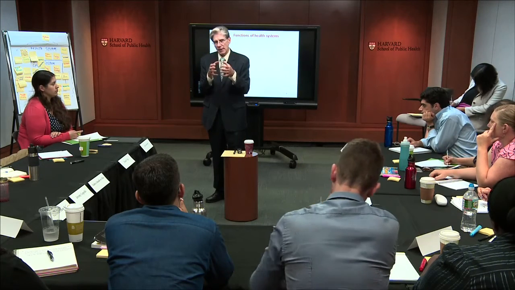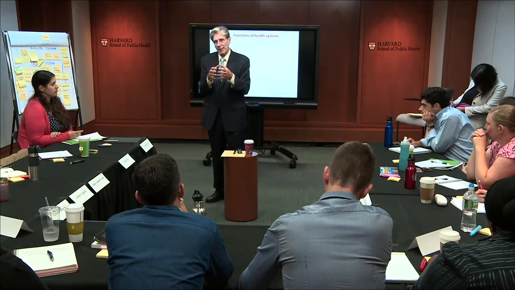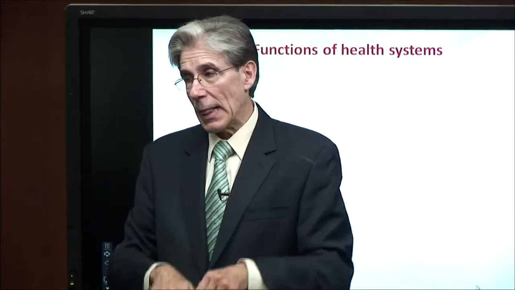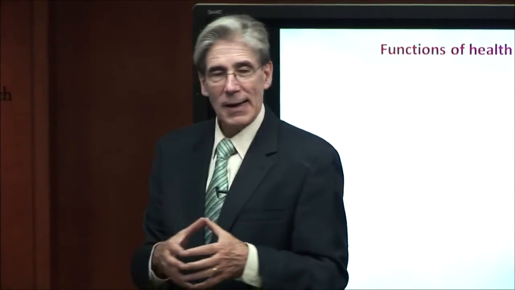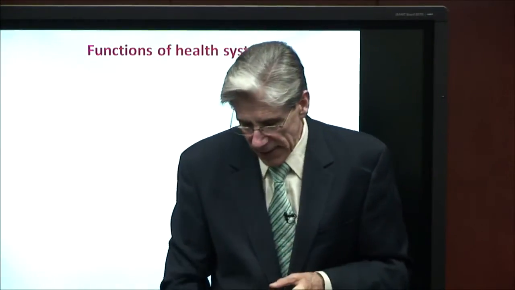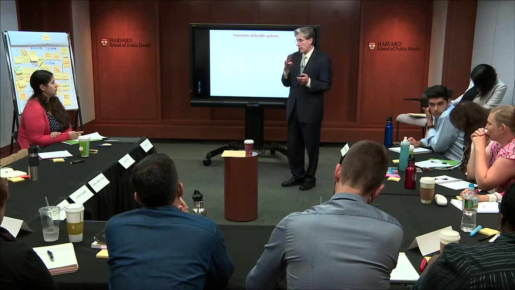The notion here is that for that function to happen, there are at least three other enabling functions that will allow that defining function, that ultimate function of the system, to happen. And they are enablers of that. So we're just going to very briefly mention them.